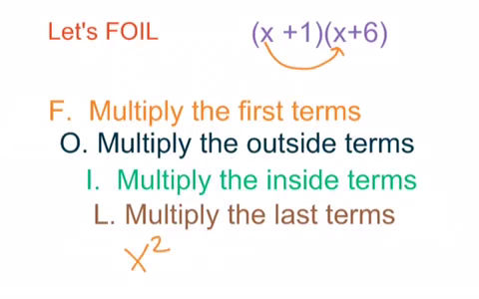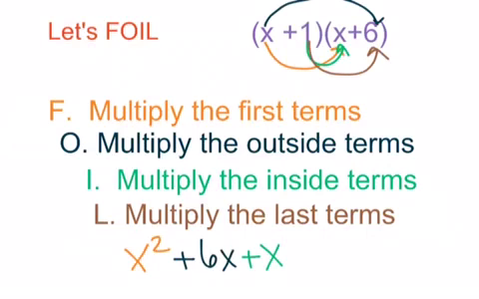So that is going to be right here, x times 6, which will give you a positive 6x. The I stands for multiply the inside terms, which will be the inside right here. So 1 times x is a positive 1x, okay? The L stands for multiply the last term, so the last term in each binomial. That'll be 1 times 6. It's a positive 6, okay?